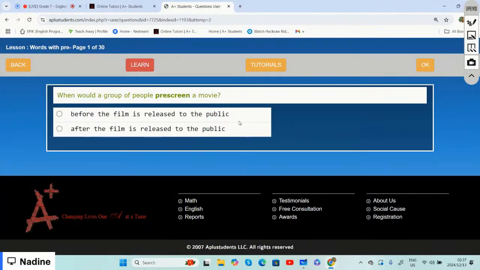All right, so now we're looking at the test. We need to say, when would a group of people prescreen a movie? If you were to prescreen a movie, is it option one, before the film is released to the public, or after the film is released to the public?